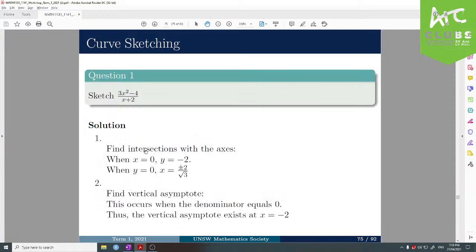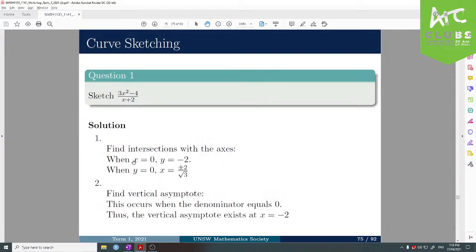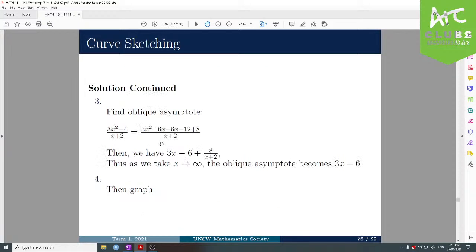In fact, every step should be independent of each other except for step 4. So step 1 is just finding the intersections by itself. Step 2 is just finding the vertical asymptote by itself, and step 3 was finding the oblique asymptote by itself. Or did you mean, how did I get to this expression here?